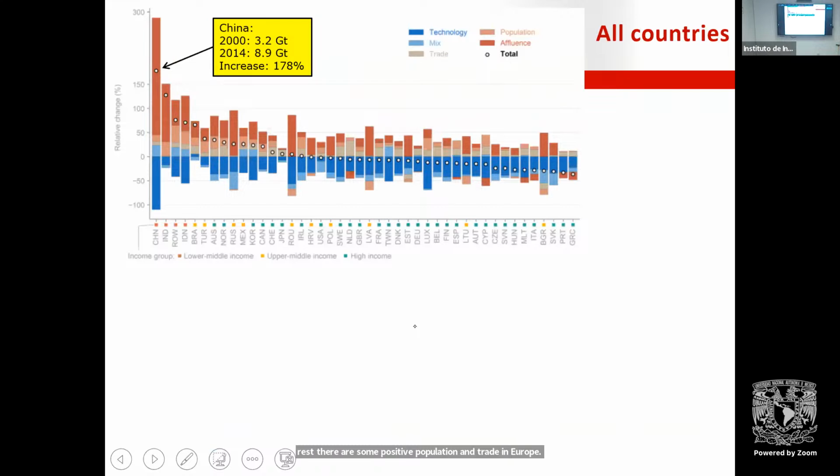Now, this is a graph for the countries that are included. This is, no, I can check. I think it was 5.